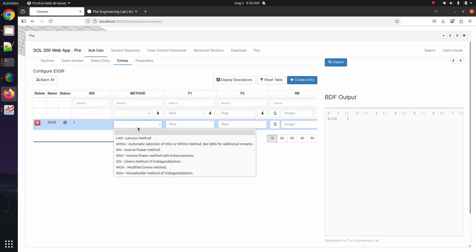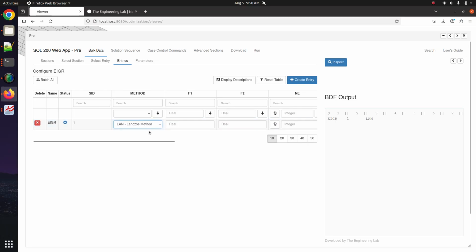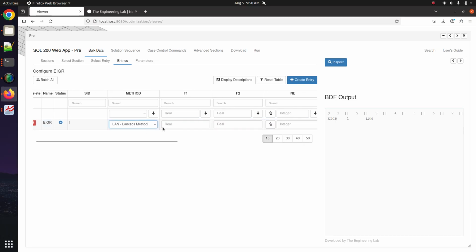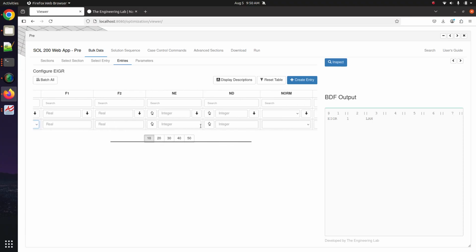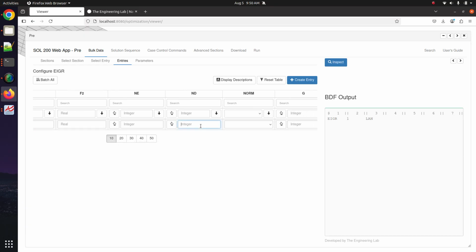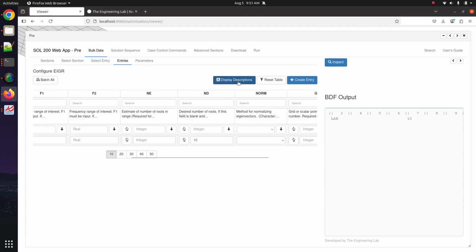Let's select the Lanczos method to perform the eigenvalue extraction. And let's now put the number of values. I think it's 10. I'm just looking at my notes here, so don't think I'm doing this off of memory. So we want at most 10 eigenvalues or 10 buckling load factors.